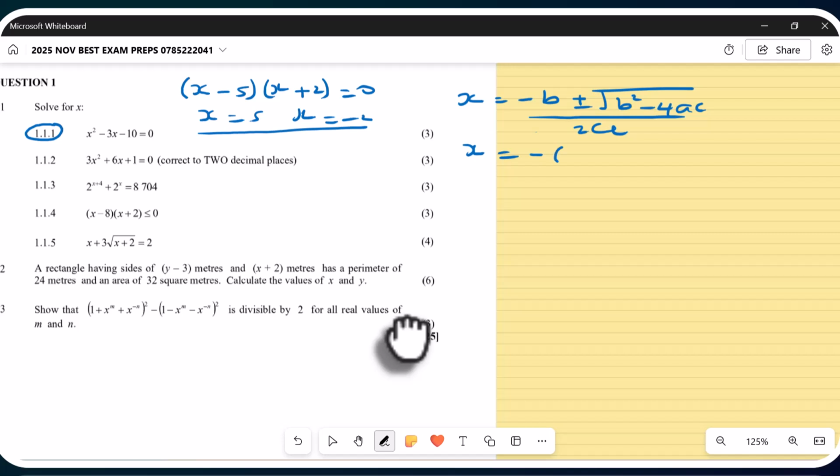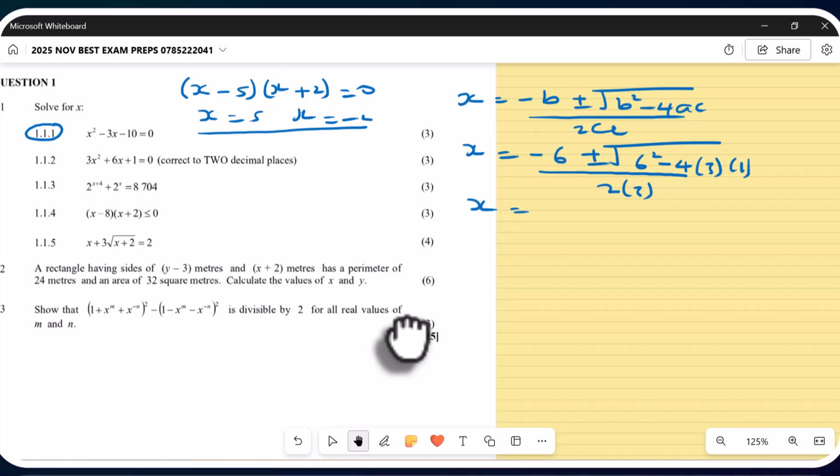So calculators, take them out now. If I punch into my calculator minus 6 plus the square root of 6 squared minus 4ac, whereby a is 3 and c is 1, divided by 6, I'm getting negative 0.18 with a plus.